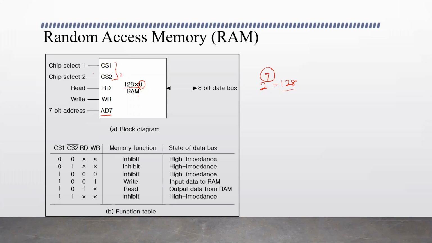The computer may have more RAM and ROM chips, depending on the storage requirement of the computer. Depending on the storage requirement, the number of RAM and ROM chips are combined to form the required memory size. If one RAM chip is not sufficient, it's only 128 words.